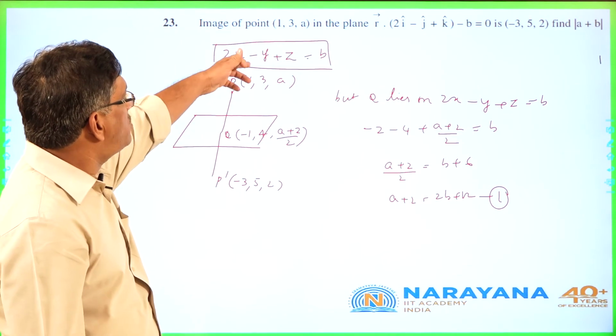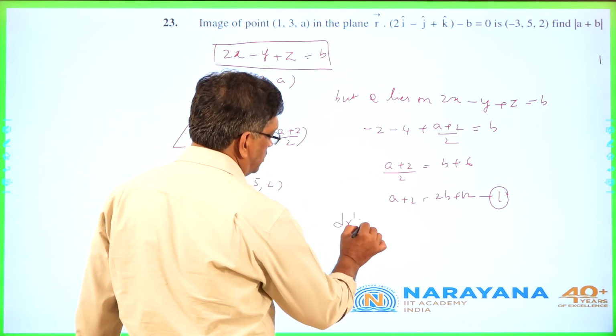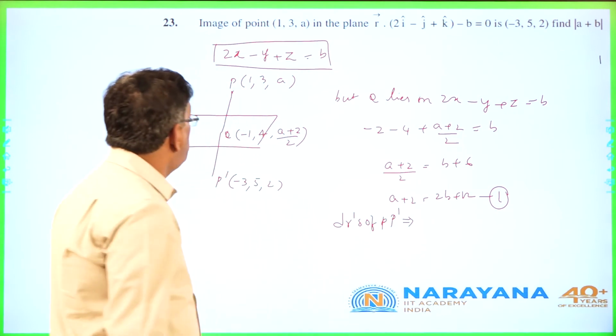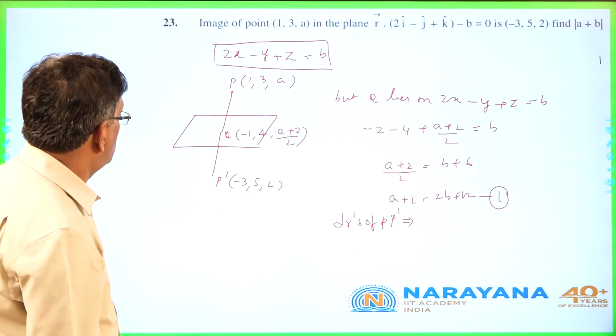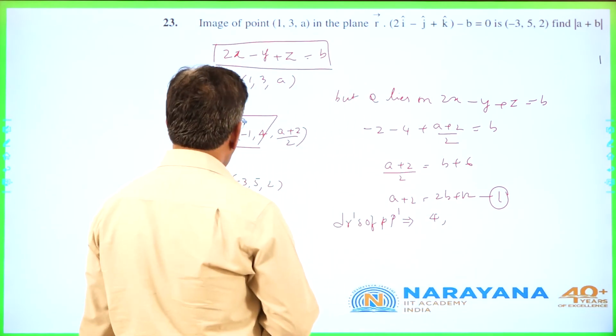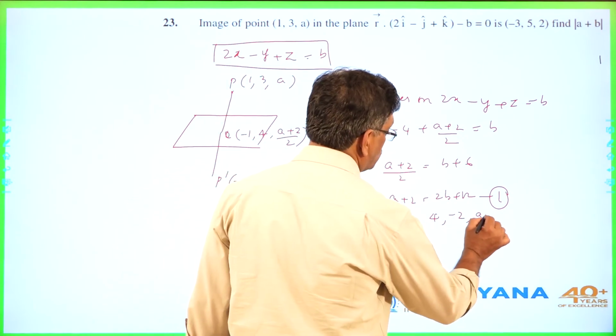Since this is the plane equation, what are the DRs? DRs of P, P dash, that is 1 minus 3, 4, 3 minus 5, minus 2, a minus 2.